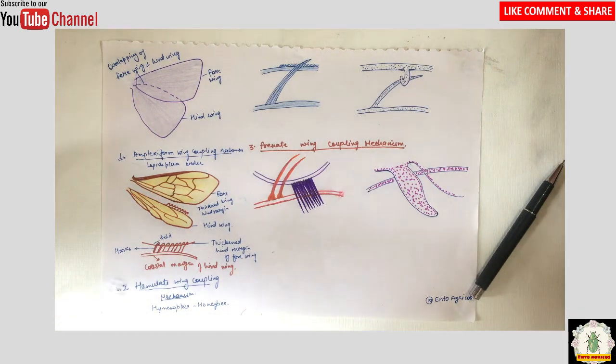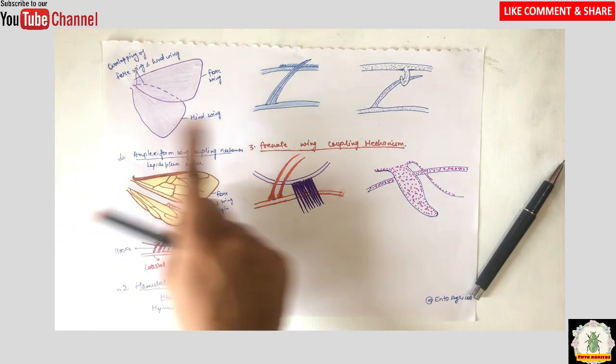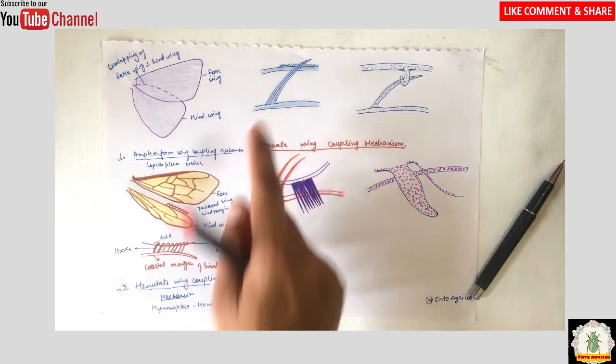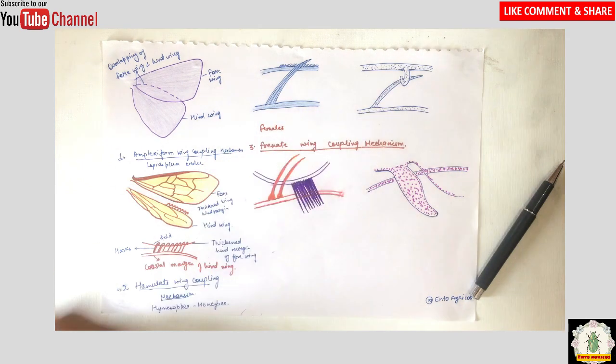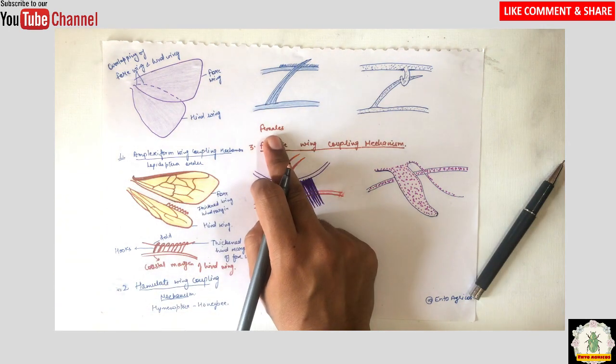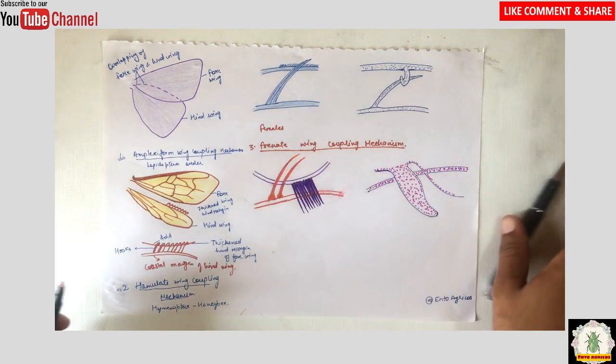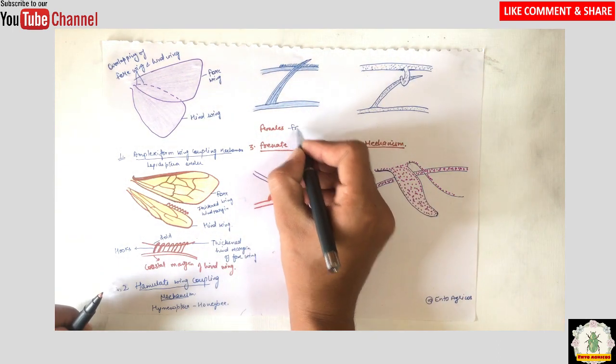As you can see over here, this structure is present in the females. So this kind of wing coupling mechanism is seen in the females of the fruit sucking moth.